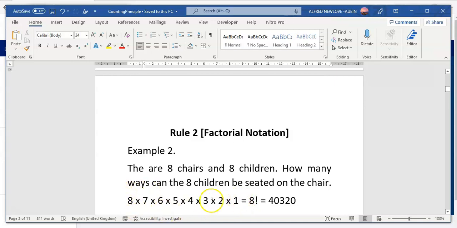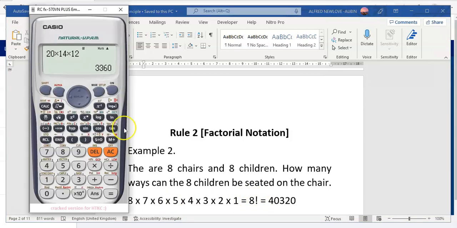Instead of writing all this long string, you just write 8 factorial. So 8 factorial, you can have it on your calculator like this: 8 and the factorial gives us this.